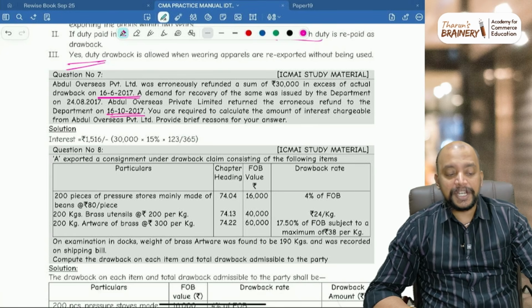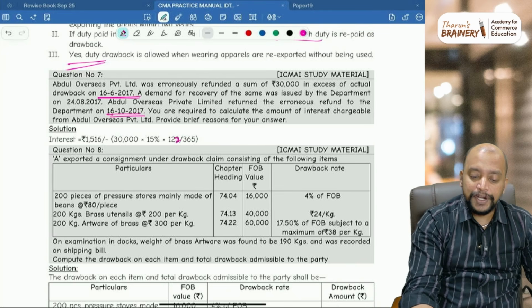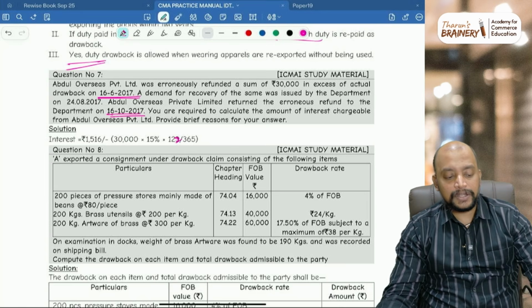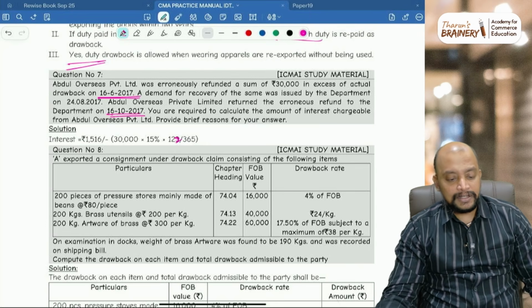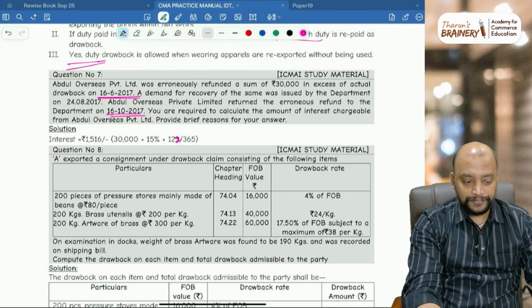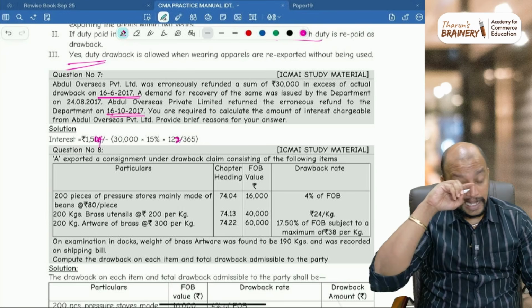That is 122 days. Don't count 16/6. Actually, it should be 122 days. So 30,000 into 15% into 122 divided by 365, that is 1,504. 1,504 rupees will be taken as the interest.